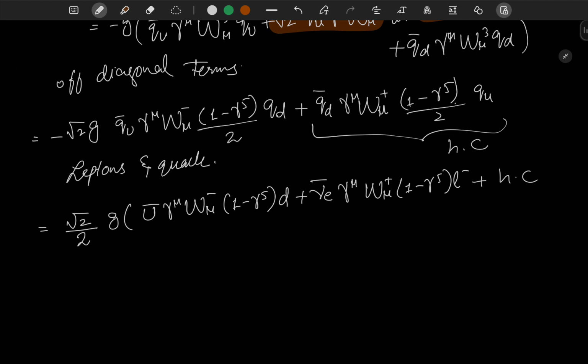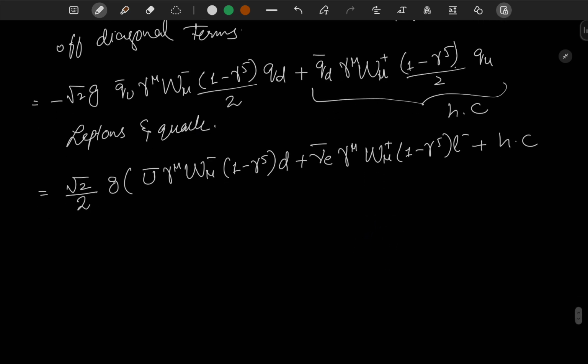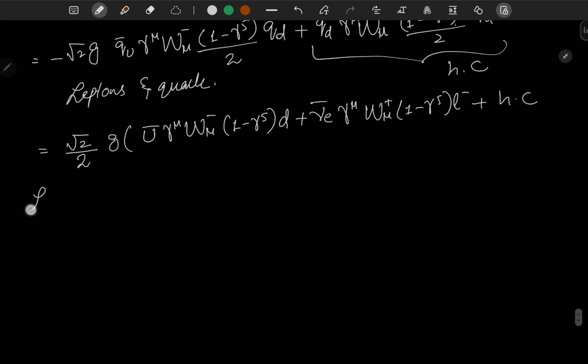Okay, so after writing this, we now have the charged current term of our Lagrangian.